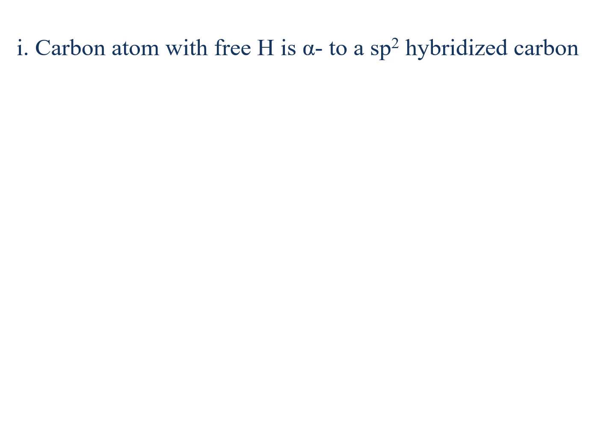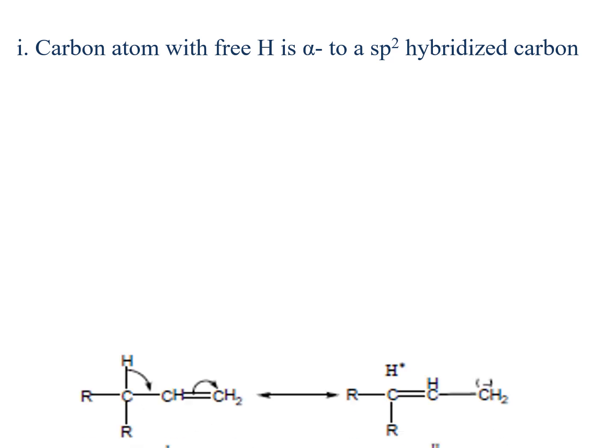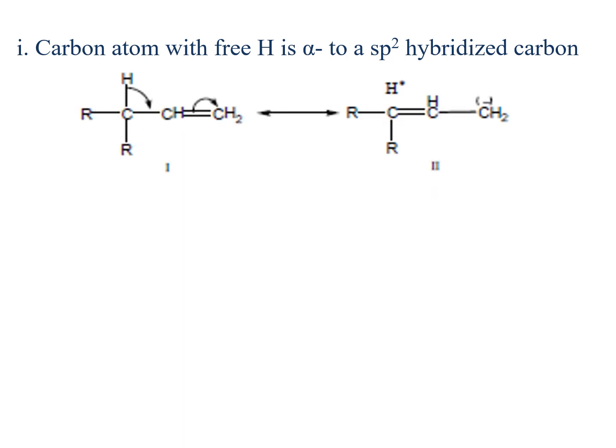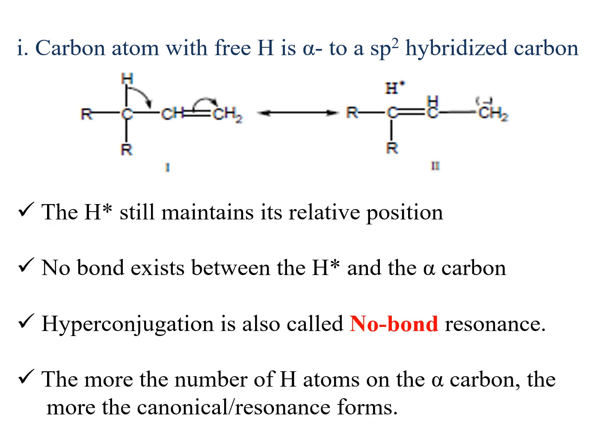With a free hydrogen alpha to an sp2 hybridized carbon. Remember, hyperconjugation is a movement of bonds, just like normal resonance, without the nuclei or the atoms moving. So that's why it's called no bond resonance. This is a kind of resonance where the sigma bond that is not supposed to move is going to move without affecting the nuclei or the atom.